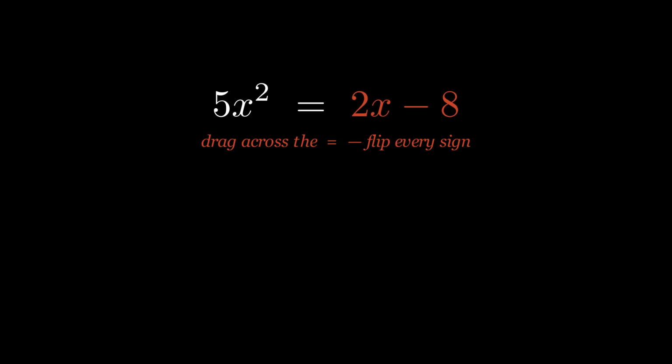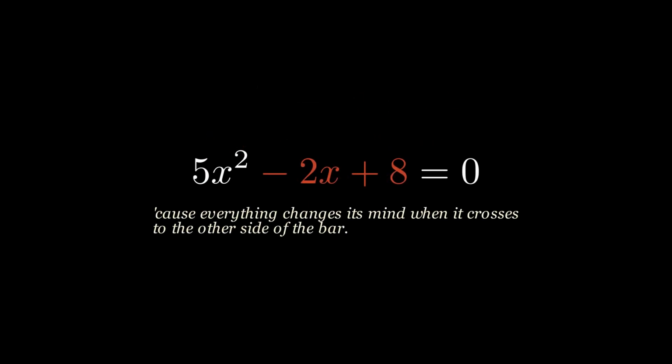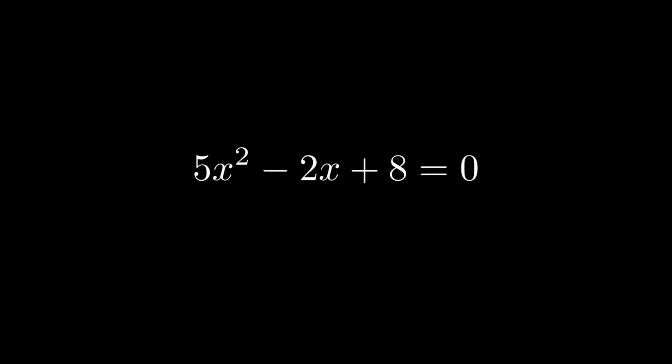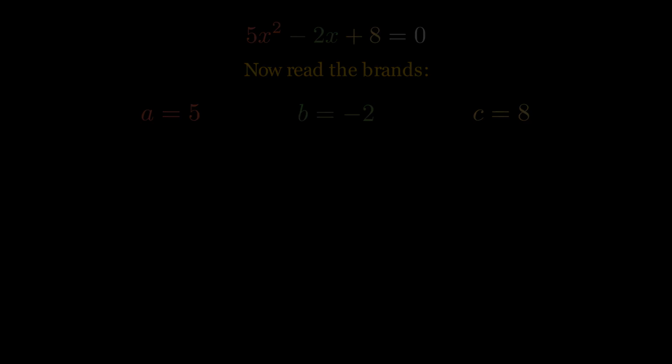It ain't equal to 0. So we drag that 2x minus 8 across the equal sign, flipping every sign as it crosses, 'cause everything changes its mind when it moves to the other side of the bar. Now it reads 5x squared minus 2x plus 8 equals 0. So A equals 5, B equals negative 2, C equals 8.